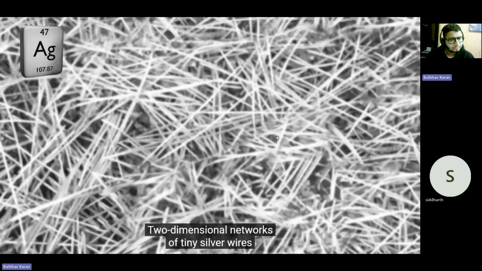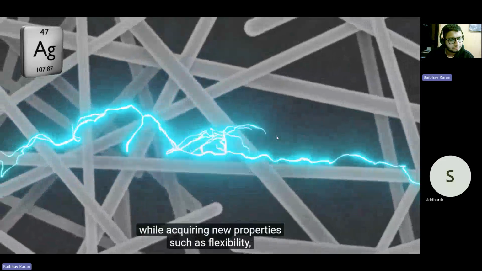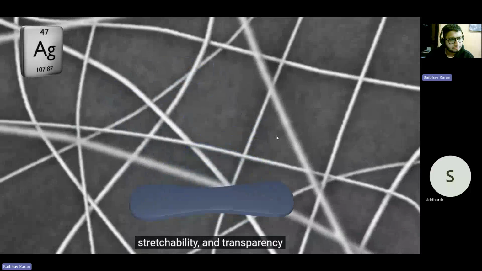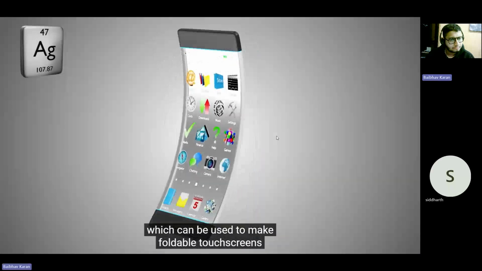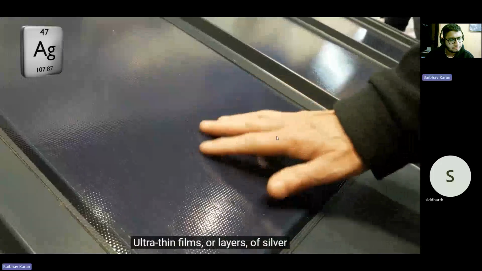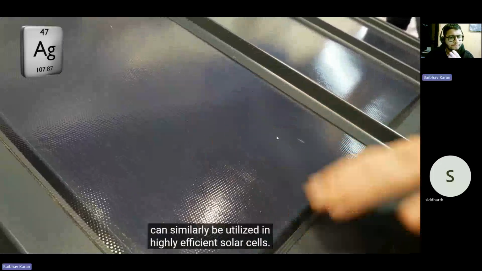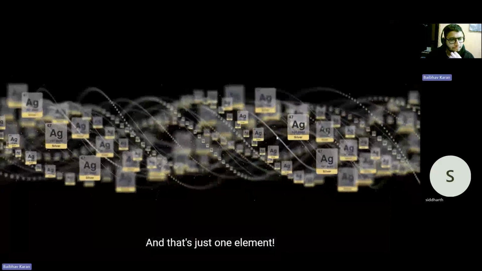Two-dimensional networks of tiny silver wires can retain high conductivity while acquiring new properties such as flexibility, stretchability, and transparency, which can be used to make foldable touchscreens or printable electronic displays. Ultra-thin films or layers of silver can similarly be utilized in highly efficient solar cells. And that's just one element.